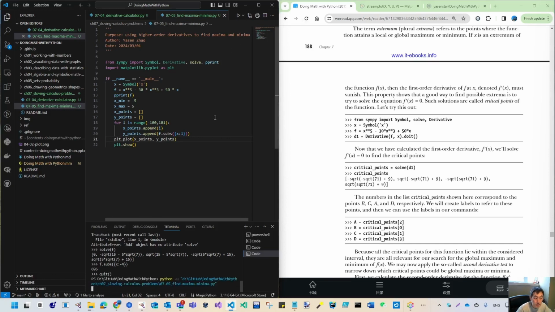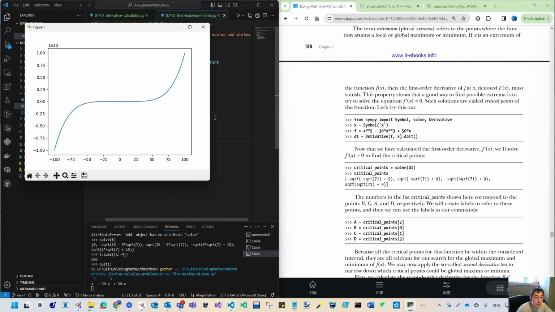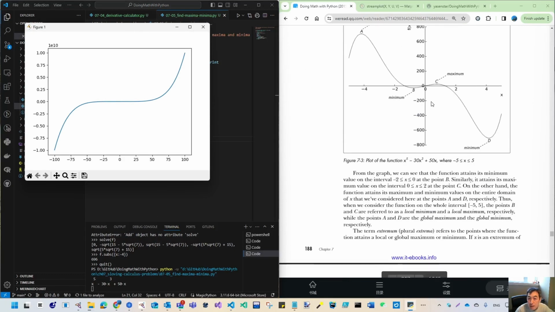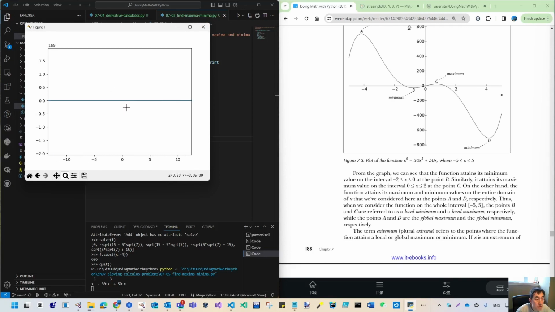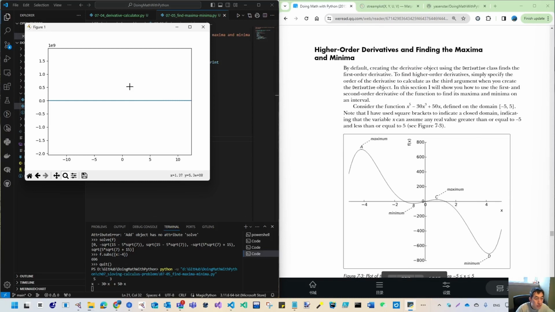Let's make a run. So we got this drawing, from minus this to here, and let's zoom. So here, let me zoom. It's almost like our minus.